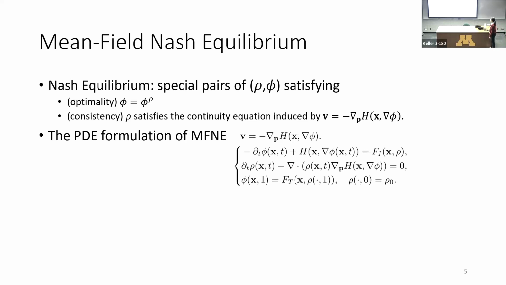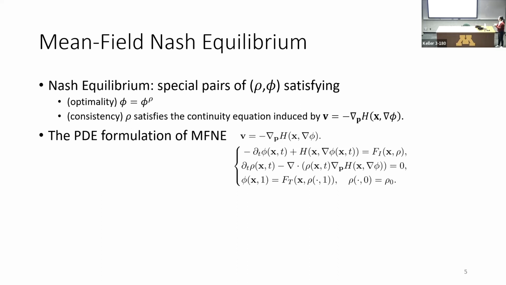First, in the Hamilton-Jacobi equation, you have this nonlinear term, and it depends on the density rho. This Hamilton-Jacobi equation is moving backward in time, which means your boundary condition is on the terminal time. And you look at this Fokker-Planck equation.